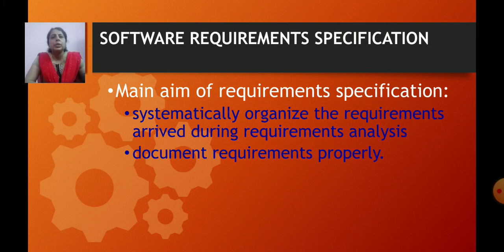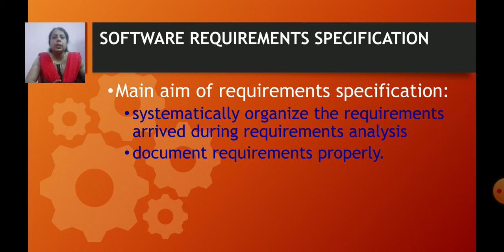Software requirement specification. The main aim of requirement specification is to systematically organize the requirements arrived at during requirement analysis and document the requirements properly.